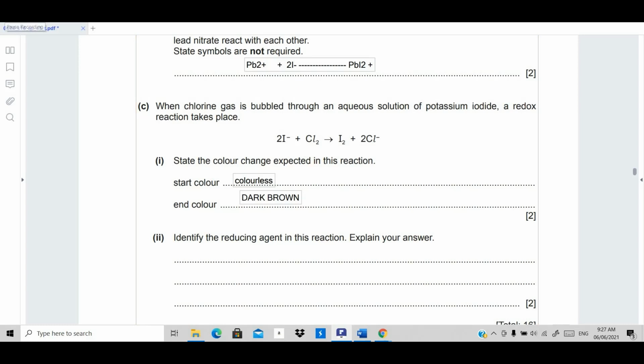For the answer to this 2-mark question, you first need to mention the ion which is being oxidized. We can say here iodide ion. The first mark is for mentioning the ion which is becoming oxidized.